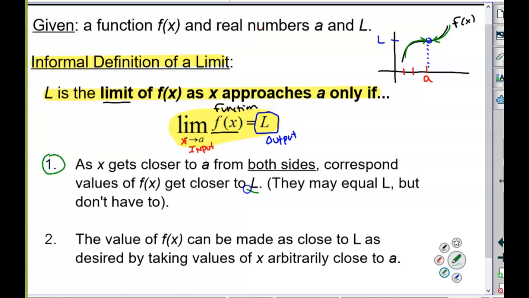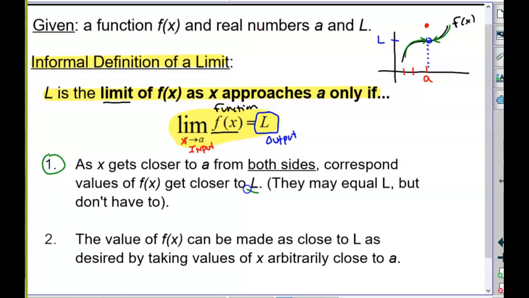They may equal L, but they don't have to, because we have open and closed circles that the point exactly at A might be filled in right there, or it might be completely gone, or it might be removed and placed somewhere else.